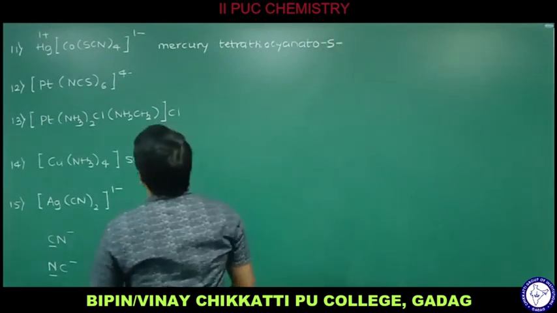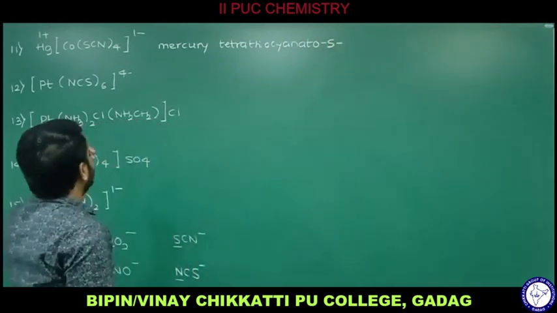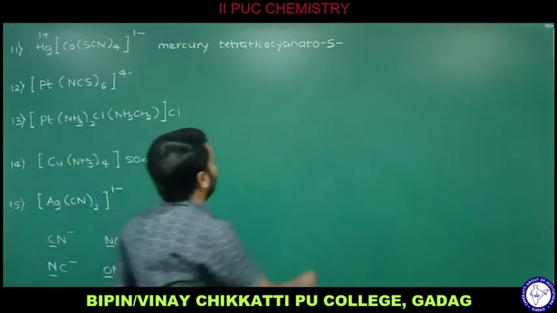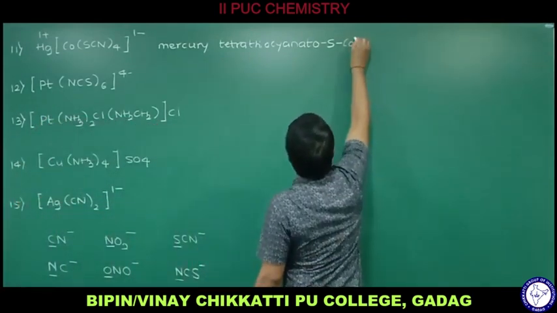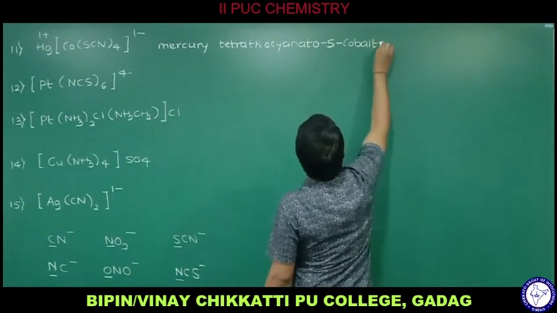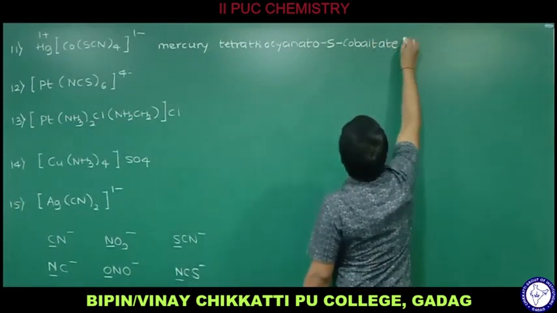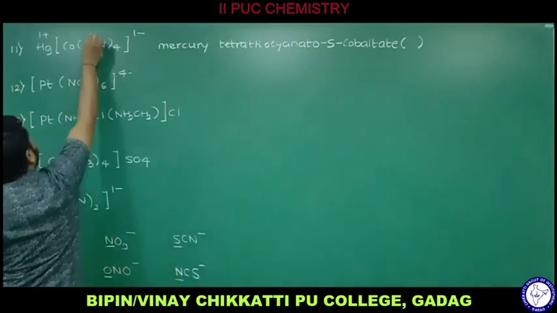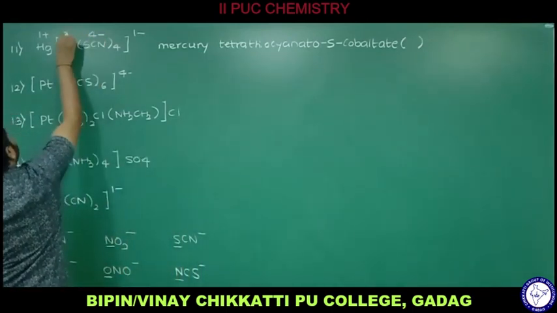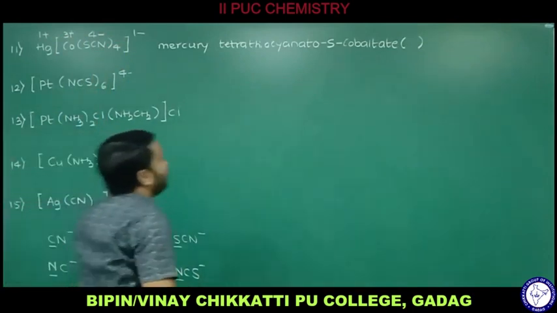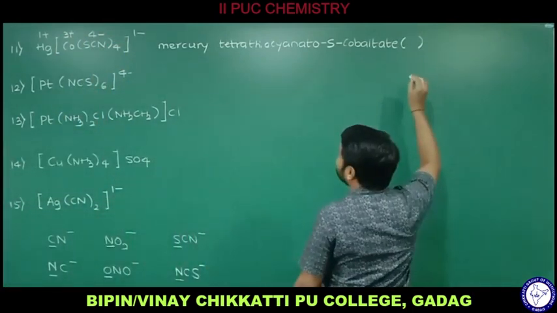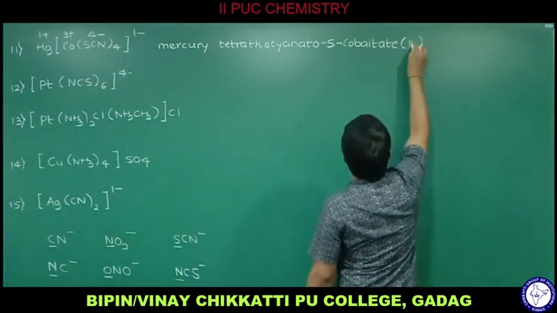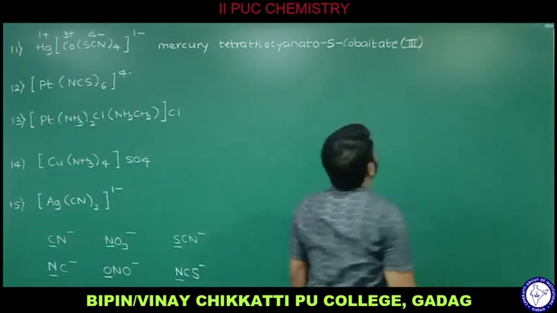So thiocyanato-S, yes, and cobalt we have. Since it is an anionic complex, therefore cobaltate, and we need to write the oxidation number. So SCN minus is 1 minus, totally it is 4 minus, this should be 3 plus, so that totally you are going to get 1 minus. Therefore the oxidation number of cobalt will be 3. So cobaltate(III) you need to write.